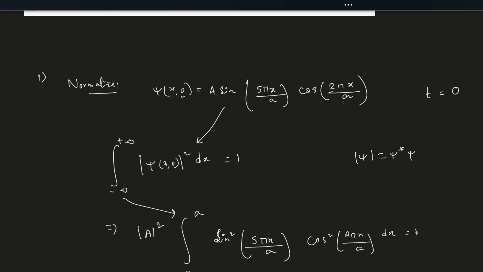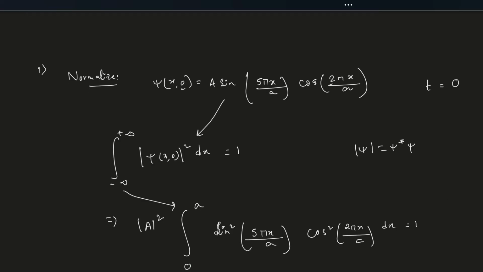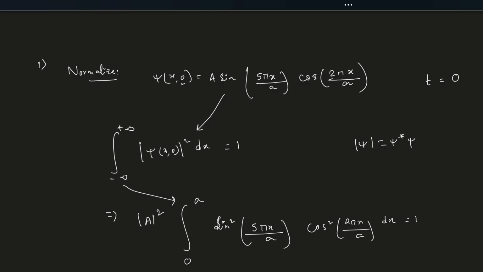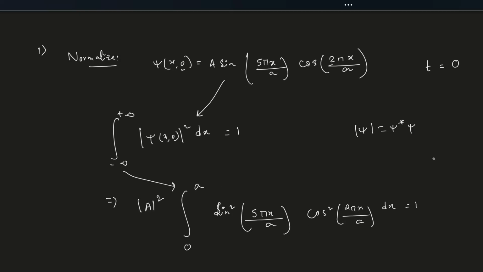Now one thing to make clear is that you can reconstruct this functional form of psi so that it makes it easier to integrate. So you can express psi(x, 0) as a product of sine something and cos something, let's say a product of sine a cos b.